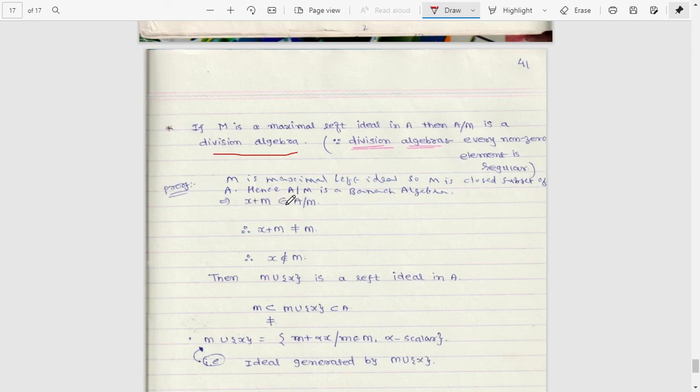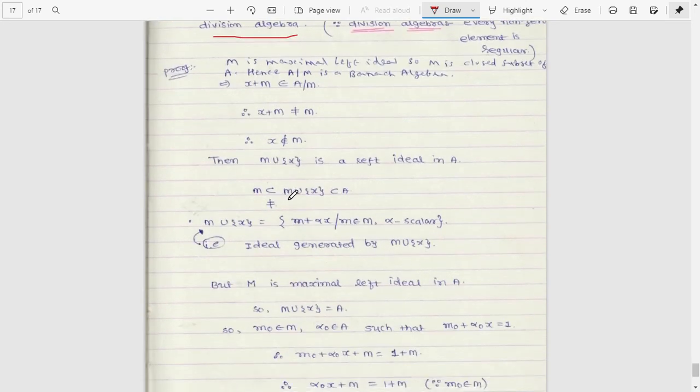Let x plus M belong to A/M and x belong to A. So x plus M is not equal to M, and so x does not belong to M. Then M union x generates a left ideal in A. M is a proper subset of M union x, which is a subset of A. That is, the ideal generated by M union x is equal to m plus alpha x, where m belongs to M and alpha is a scalar.